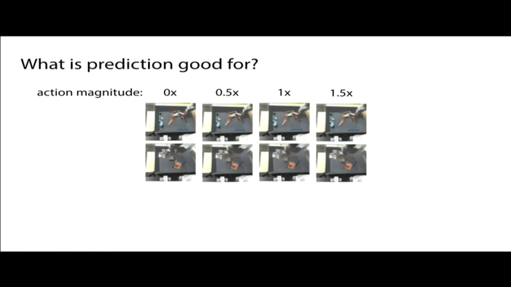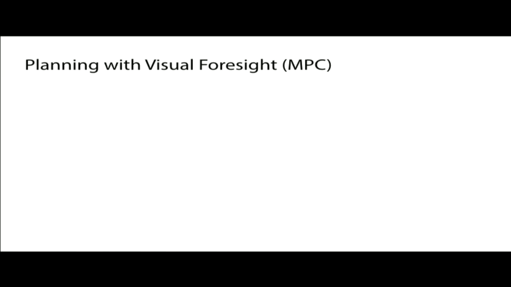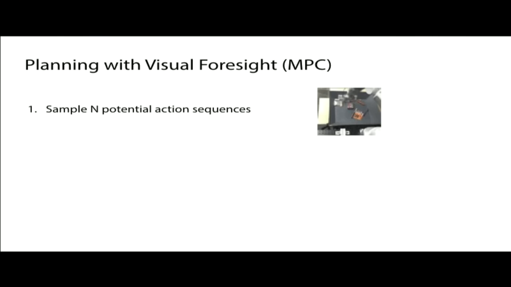OK, so how can you actually use this? As we talked about before in model-based learning, we can plan with this model using model predictive control. Say this is your first image. The way that we're going to do this, we're going to sample n potential action sequences, like maybe these 2 actions. And then predict the future for each action sequence.